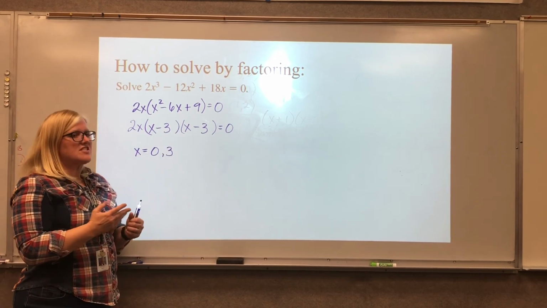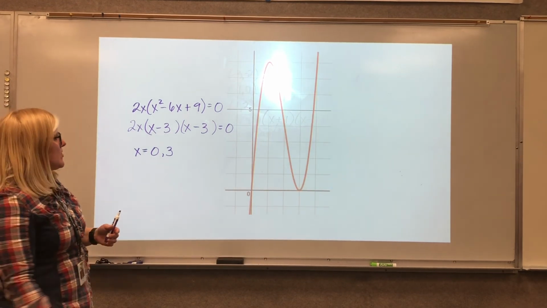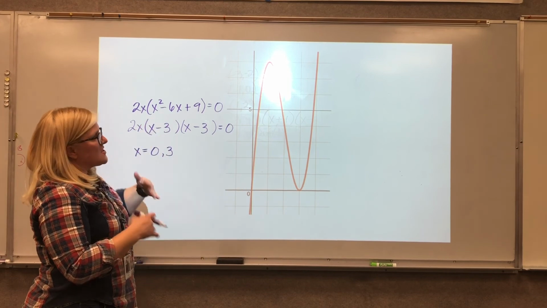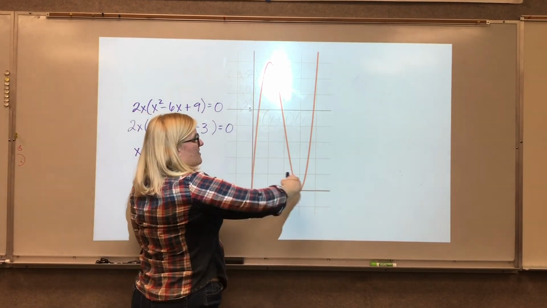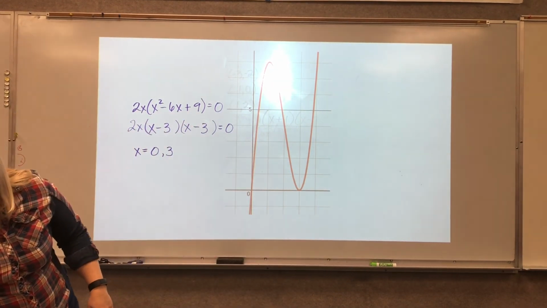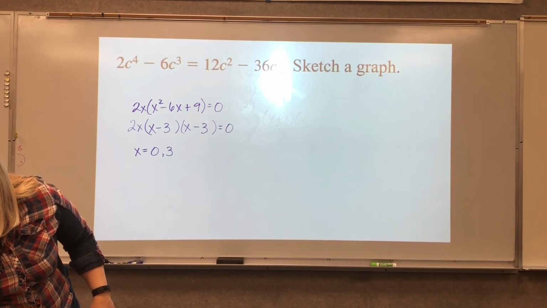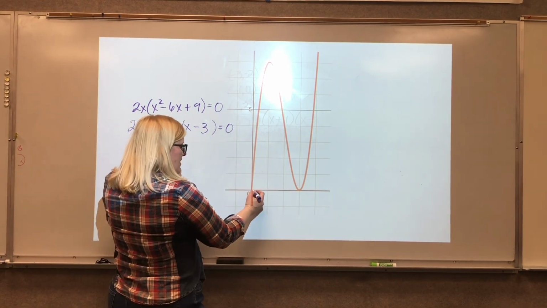Okay, now what this looks like on a graph that I want to show you here is this function looks like this. And it makes sense because it's 2x cubed, so it's going like this. Well, right here, what I've got, here are my zeros.